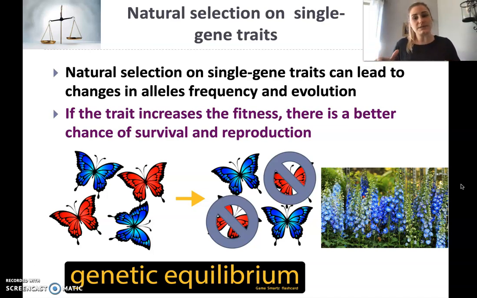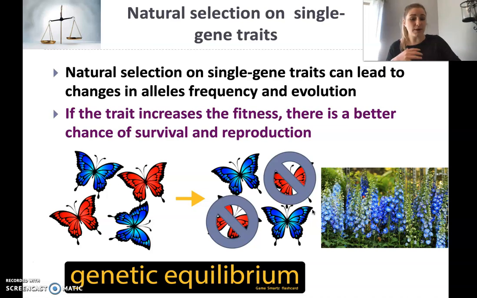So here we end up seeing that the red butterflies are eaten, and so now the only ones that are left are the two blue. While we started out with 4 butterflies and 2 of them were blue, so that's 50% blue, in the end, now we're going to have 100% blue butterfly population.